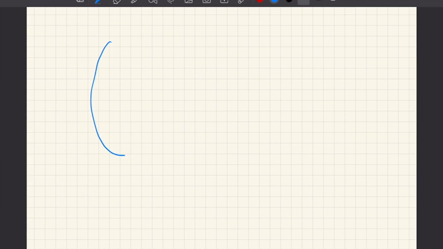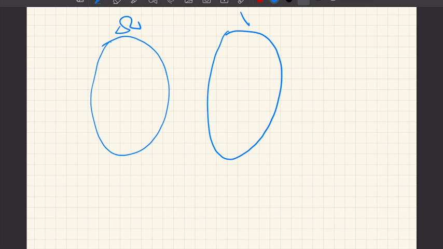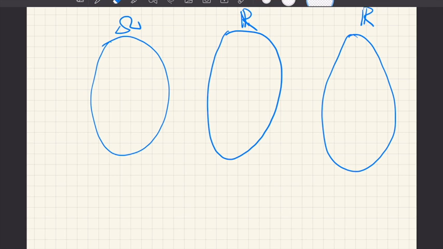Because if we consider this sample space omega, and let's say real numbers, and yet another real numbers. Let's say this is the interval x1, x2. And this x1 corresponds to y1 here.